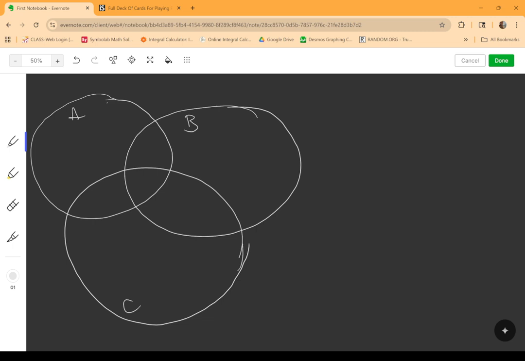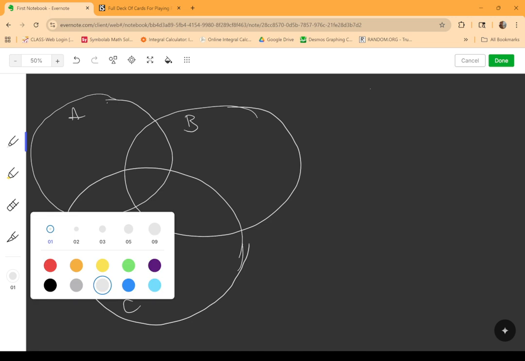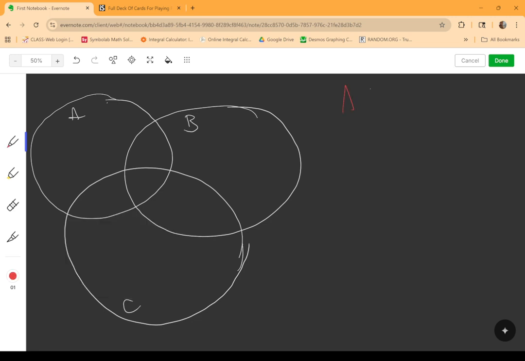All right, and again, we'll start with the intersection of all 3. A intersection B intersection C. All right, so that would be what covers all 3 here. So that looks like this, right?